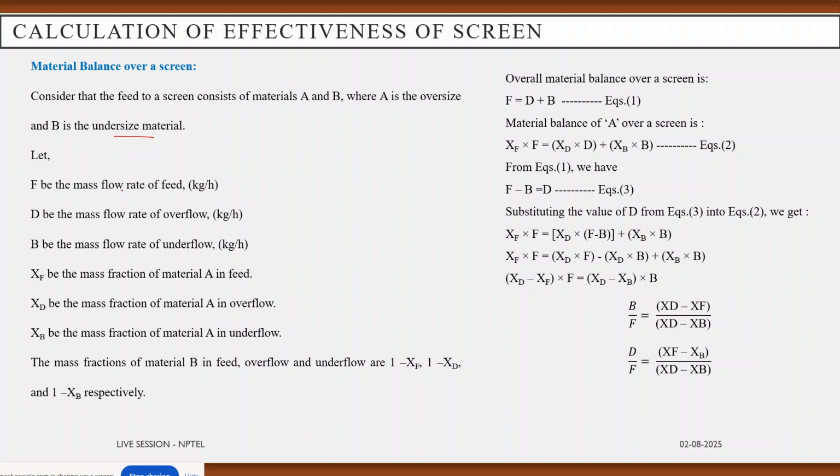F is the mass flow rate of the whole feed, D is the mass flow rate of the overflow. Suppose this is the screen. These are the openings. You are introducing feed. F is the mass flow rate and XF is the fraction of A in the feed. Some will be retained onto the screen.